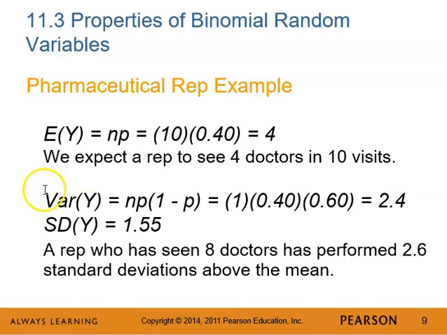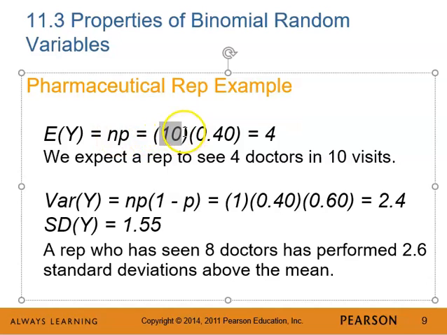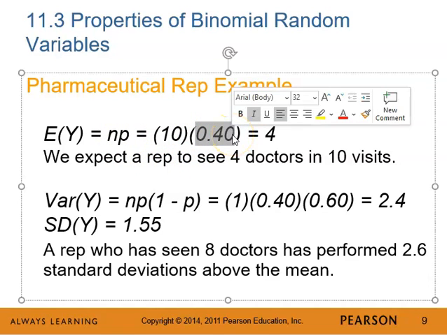So in this example, the number of trials is given, 10 times, 10 visits, and the probability of successfully visiting a doctor is 40% or 0.4. So as a result, we expect a rep to see 4 doctors in 10 visits.